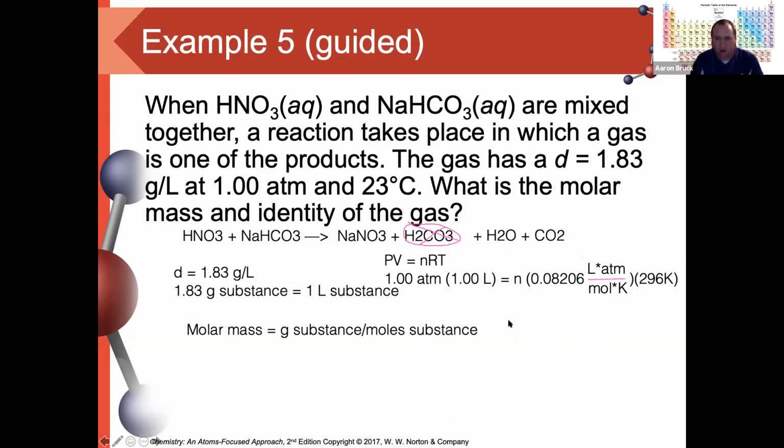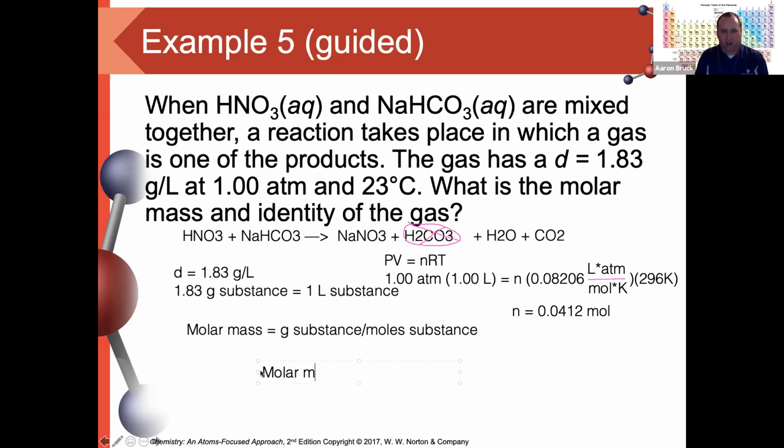So solving for n, the number of moles, I get 1 times 1 divided by 0.08206 divided by 296. I get 0.0412 moles of my substance.